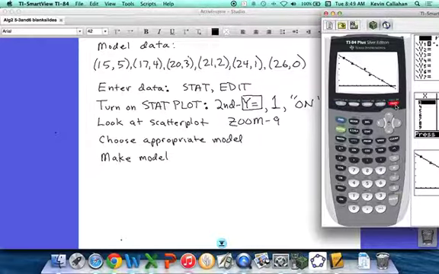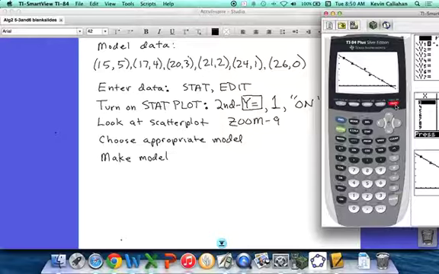If you do it, then I'll go here. Y equals, vars, 5 for stats, arrow over to the EQ, enter. Did you make your regression? I don't think you did this.